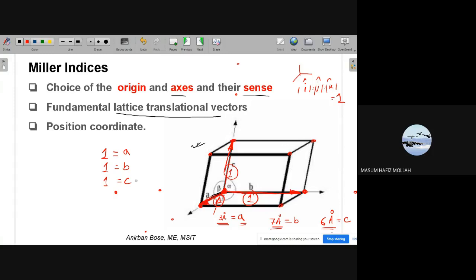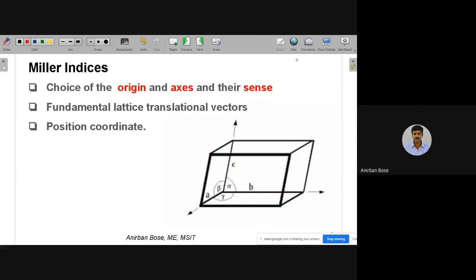Yes, sir, clear. Okay, so now coming to defining the position coordinate. Defining a position coordinate is exactly how you do it in coordinate geometry. Let us consider this point as the origin, and you want to define a point, which I am showing in blue color.